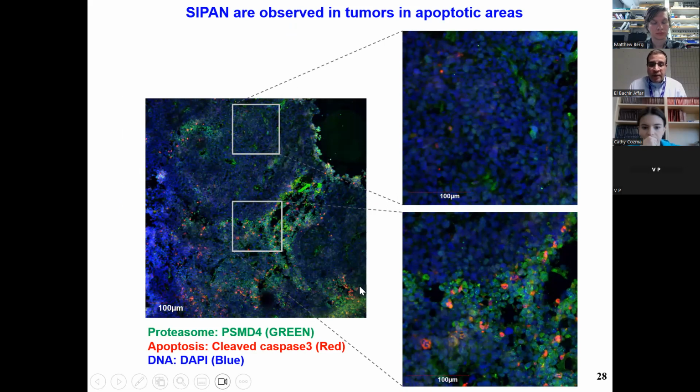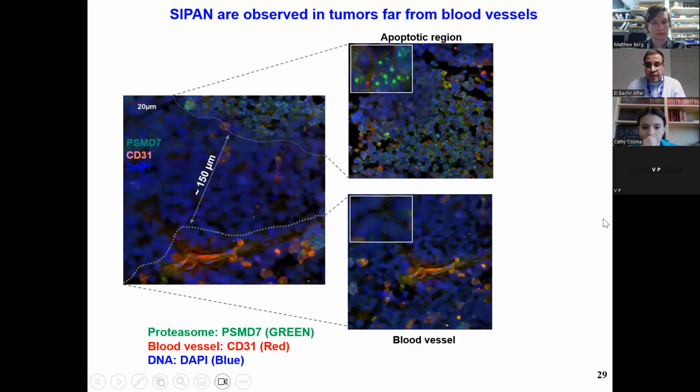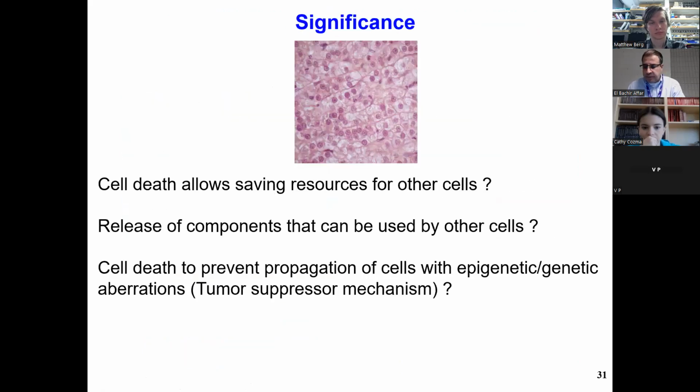And as you can see here, this is a tumor in mouse, and we can see here that in regions of the tumor that have more apoptosis, we can see nice phase separation, or at least condensates of the proteasome in cells. So we know that these organelles can also happen in vivo, and we are characterizing some other contexts where we can see these organelles and interfere with them.